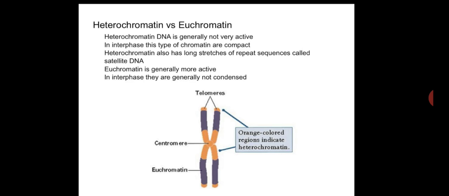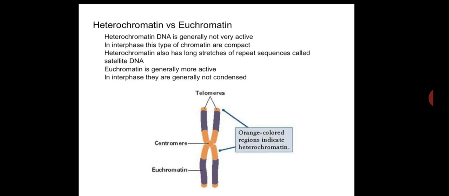So that is heterochromatin versus euchromatin. Moreover, heterochromatin is again of two types: one is constitutive heterochromatin and the other is facultative heterochromatin.